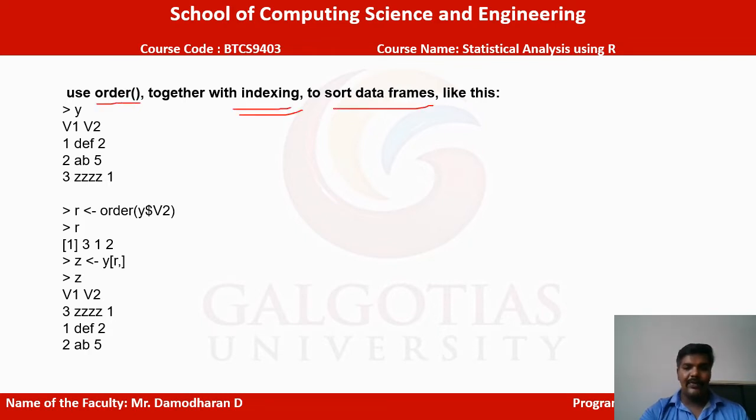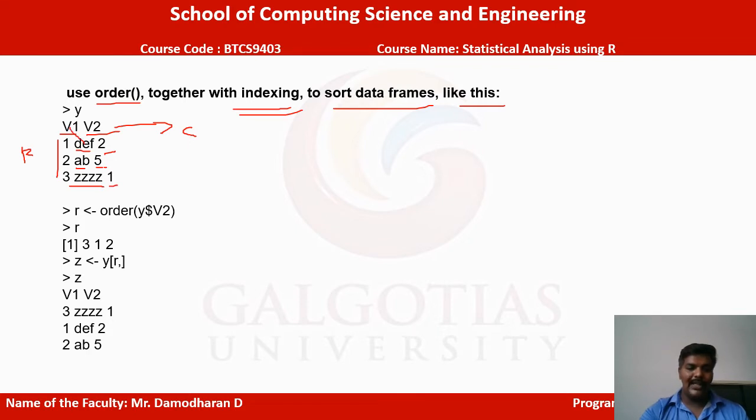Now sorting a data frame works like this. First we load v1 and v2, which are the column names, and 1, 2, 3 are the row names. Under v1 we load def, ab, and z, and under v2 we have 2, 5, and 1.